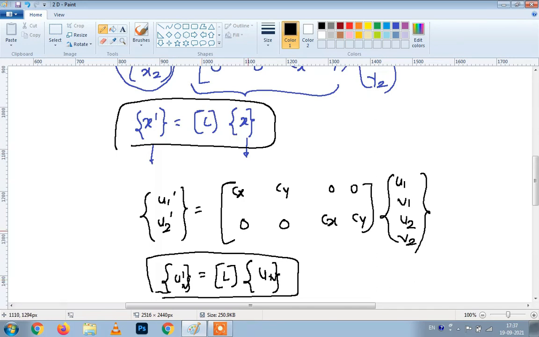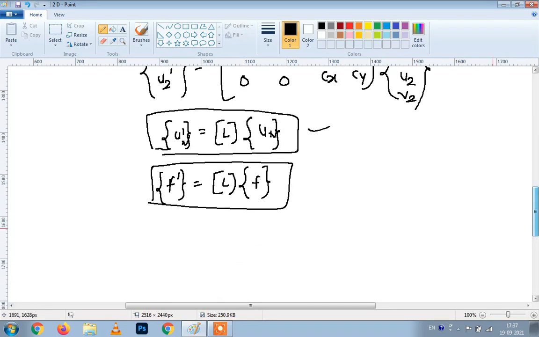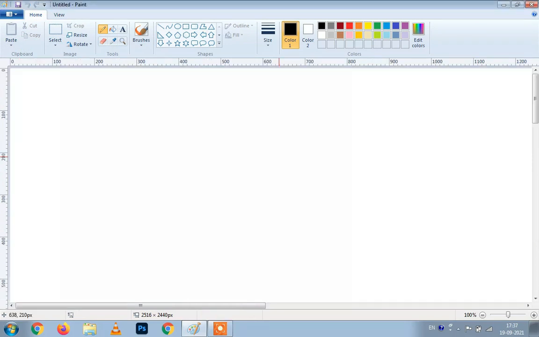For that, these relationships are very important. So let's start with the new topic: element stiffness matrix in global coordinate.